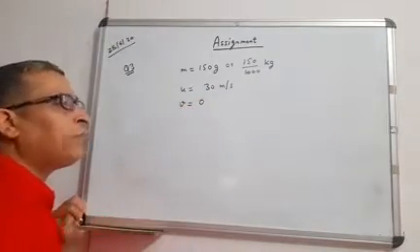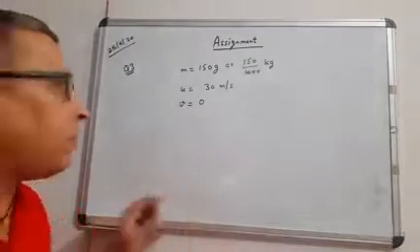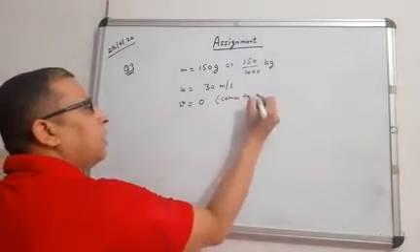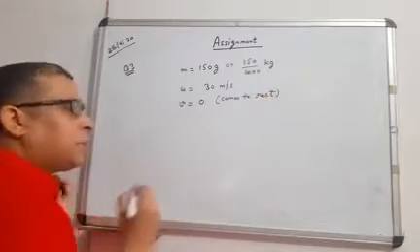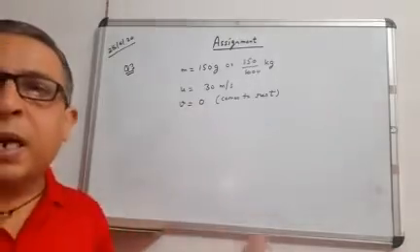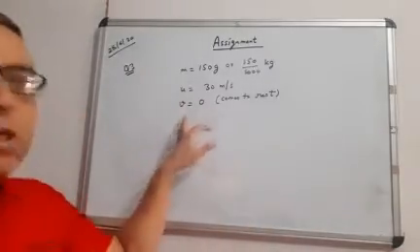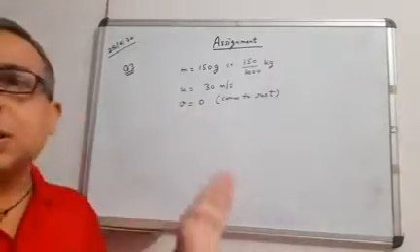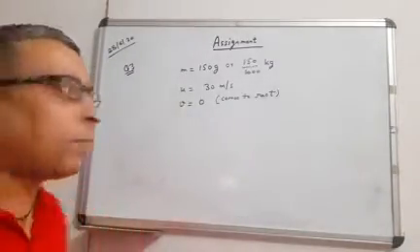Because v is 0, meaning final velocity is 0. It comes to rest. The question says that the ball strikes the palm of a player's hand and is stopped. The word stopped means now the object has come to rest.